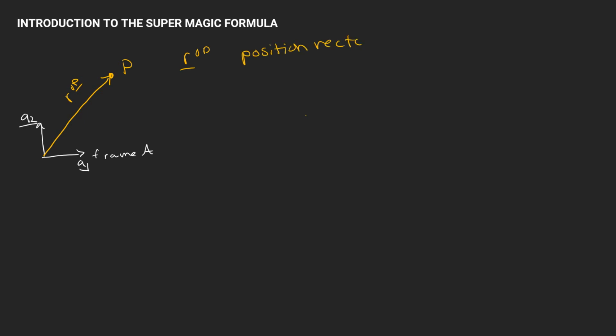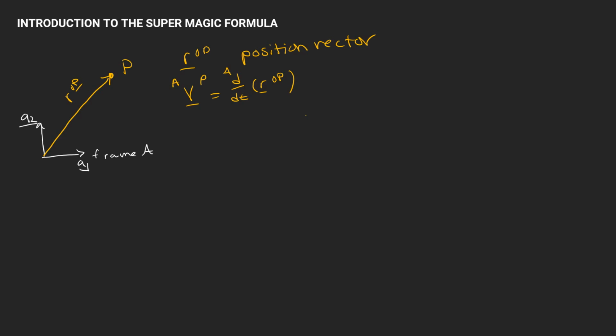We can get the velocity of point P in frame A by taking the time derivative of the position vector in frame A.